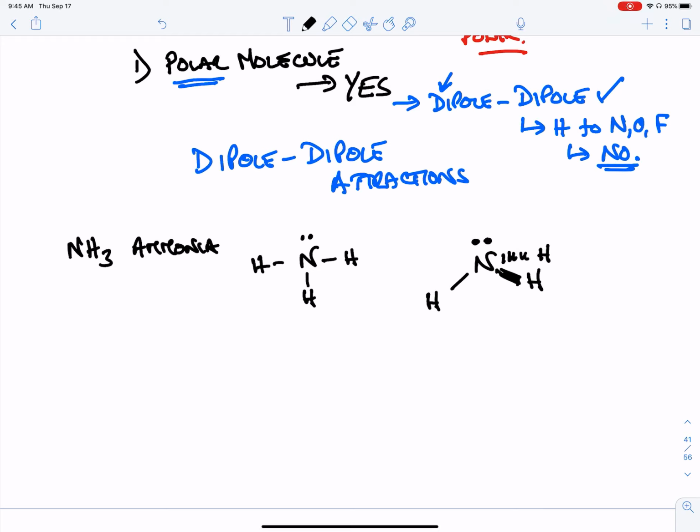Because from VSEPR theory, you have 4 domains around the nitrogen, so you would have 1, 2, 3, 4. This is a non-bonding pair. So this molecule at the moment is a trigonal pyramid, meaning that these hydrogens are pushed down by this electron pair, and this pair of electrons are pushing down on these bonds.